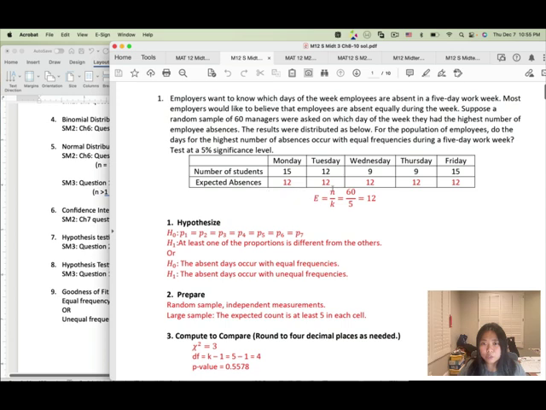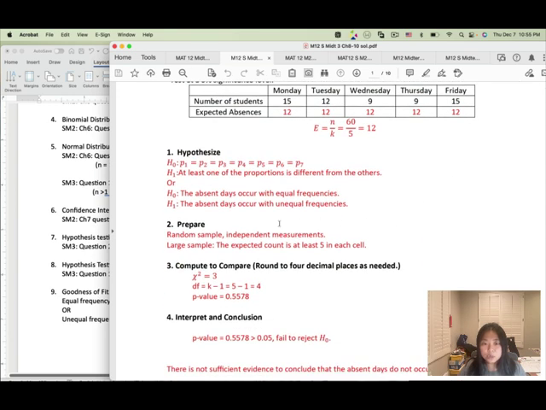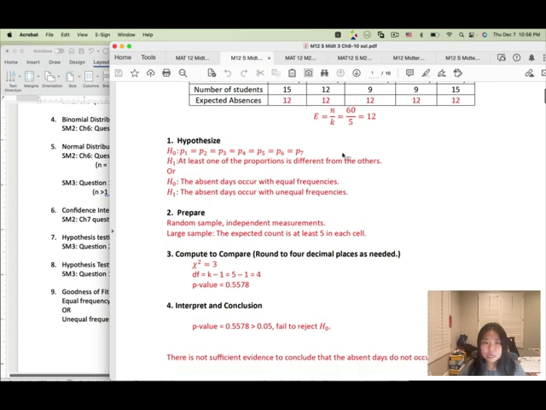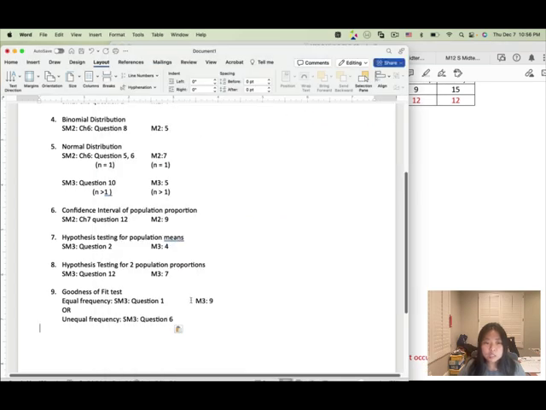The expected frequencies will be equal to each other. You could use the calculator to find the test statistic, state the degree of freedom, and also the p-value. One more time, the prepare, talking about the condition. Write it down, what is the requirement for the goodness of fit test. Either the expected frequencies are equal or unequal.